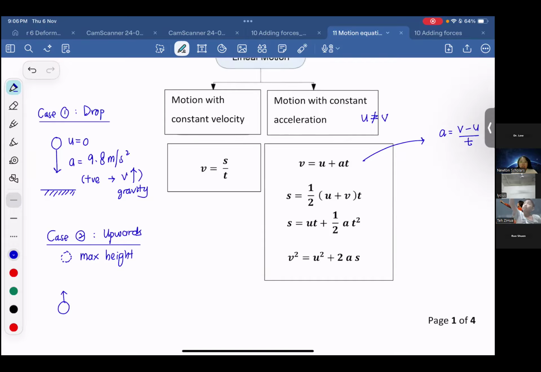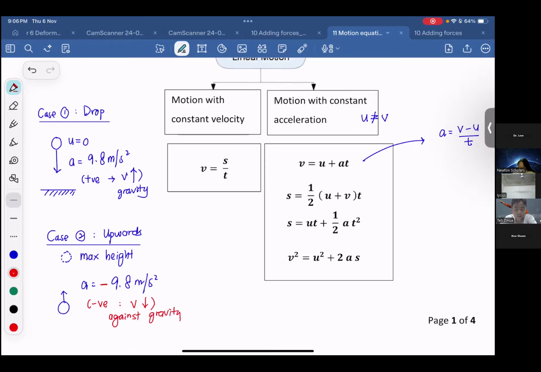When you throw something upward, you are against gravity, so your speed should slow down. Your acceleration, 9.8 meter per second square, is slowing down. When it slows down, we need to put a negative, because negative represents velocity slowing down, decreasing. We are against gravity.